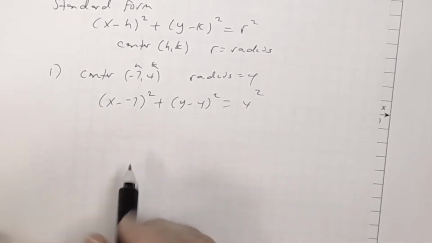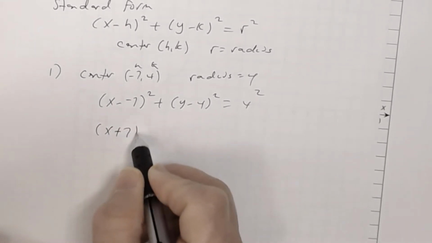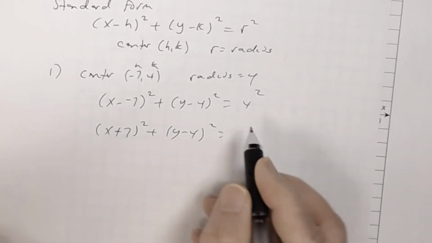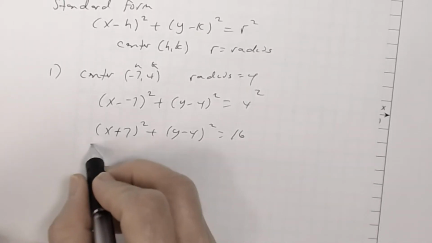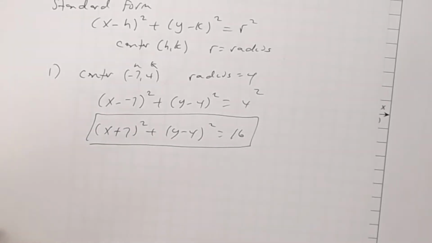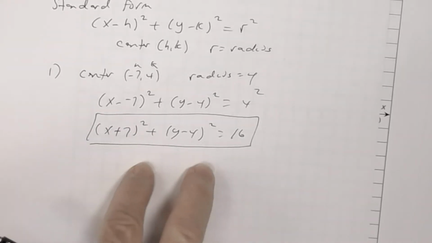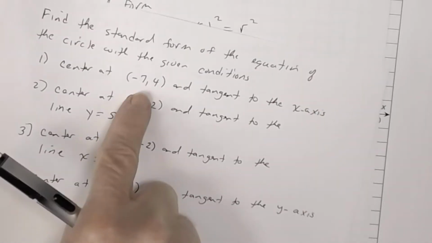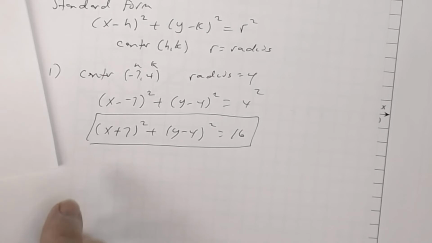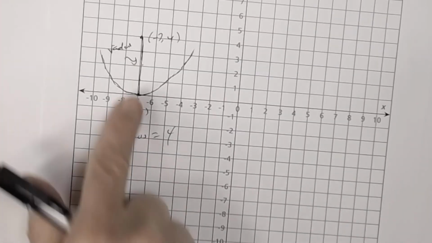You've got to say x plus 7. And this is y minus 4 squared, and then 4 squared, you've got to say 16. Don't say 4 squared, say 16. And so there's your answer. That's the equation of the circle with center negative 7, 4 and tangent to the x-axis.